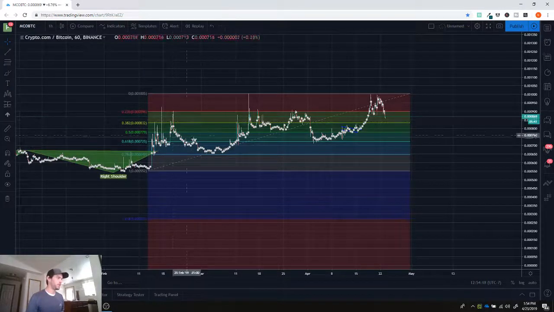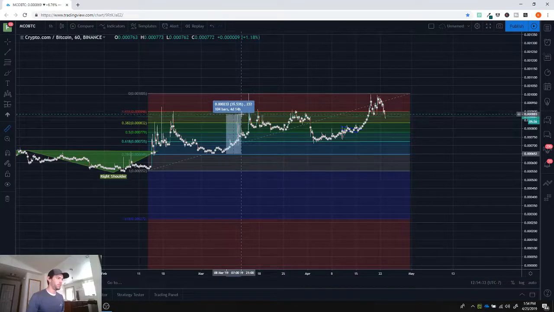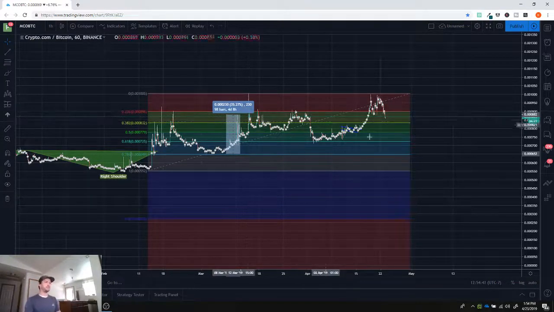It broke out here, came back and retested the neckline. We got this on the retest down here. So from the retest, 52% potential. I believe we started profit taking in here at the 25 percentile gains and kept moving up.